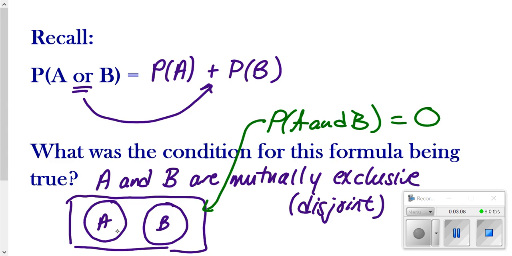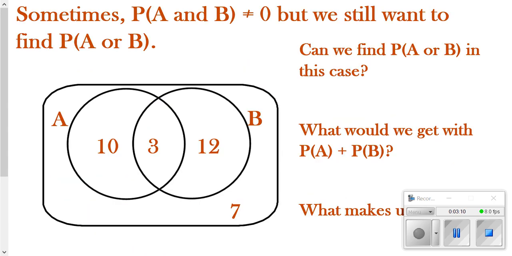There isn't anything that they have in common. So what I wrote here is that sometimes A and B is something other than 0. In other words, there is some overlap. But sometimes we still want to find the probability of A or B, even though those events overlap. So can we do that? The answer to that is yes.